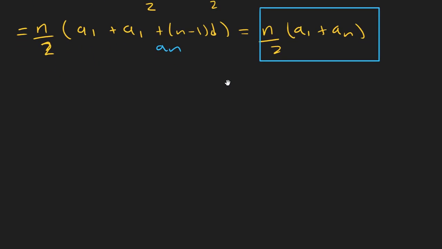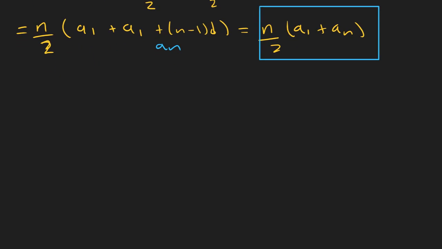So how can we use this? Suppose that we have a sequence defined as bn is equal to 3n plus 2.